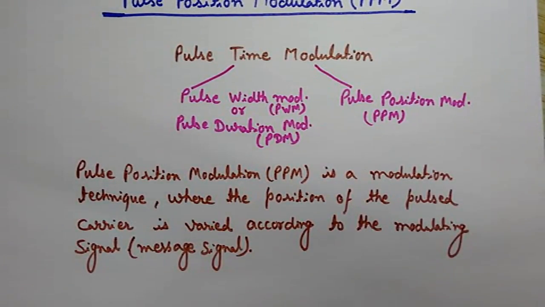To make the concept easy to understand, let me help you by drawing the waveform of pulse position modulation. But before drawing the PPM waveform, it's worth mentioning that PPM is obtained from PWM. So first I will draw the waveform of PWM.